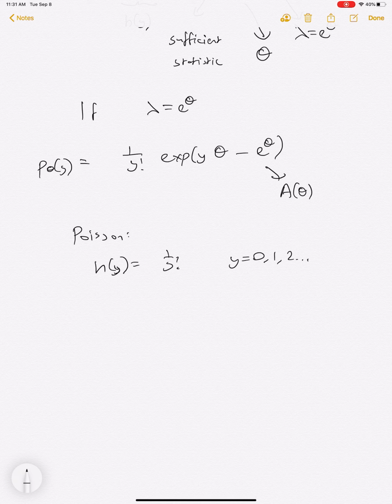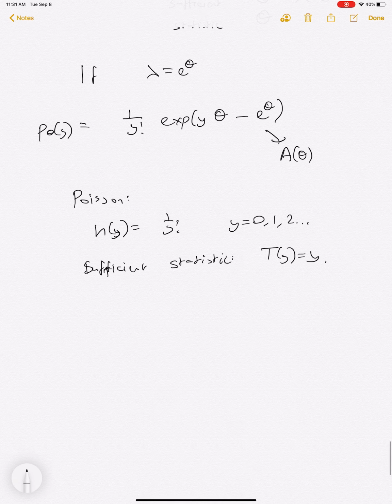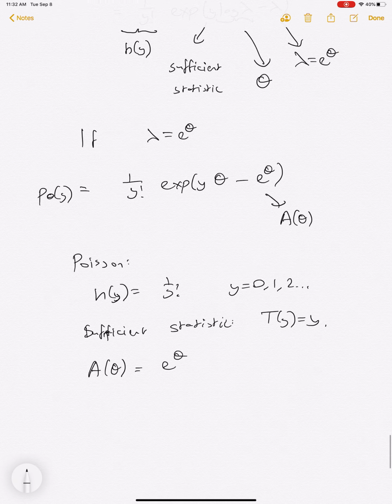And then you have your sufficient statistic, t of y equals y. And then you have your log partition function, a of theta equals e to the theta. Okay, and so we've expressed this Poisson distribution as an exponential family.